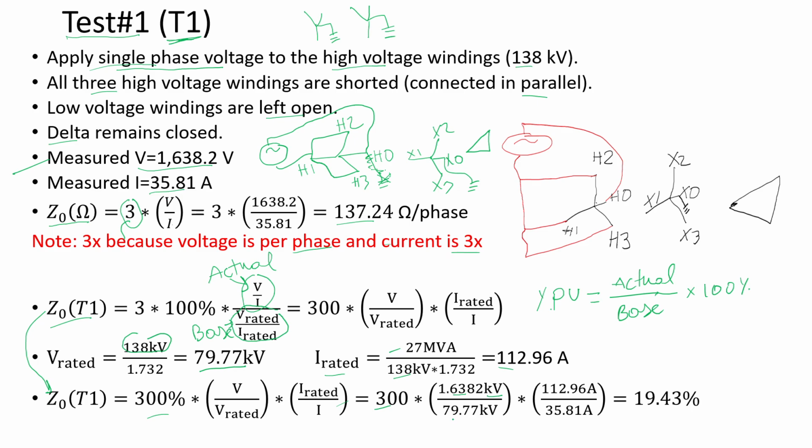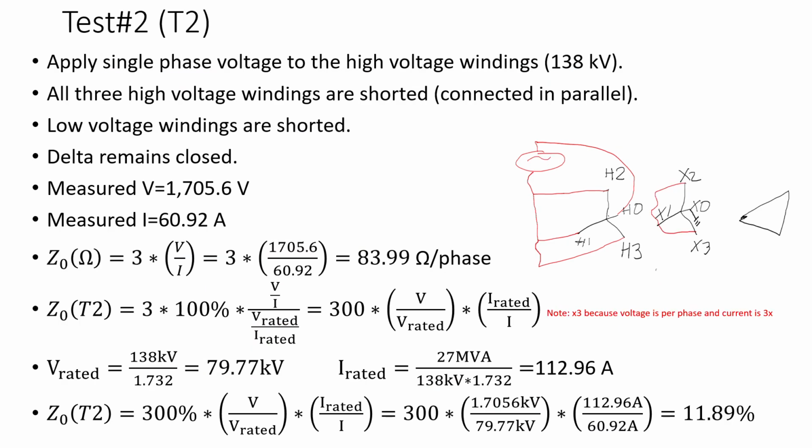Divided by the rated voltage per phase, 79.77 kV. So kV cancel out, so I don't have to do any conversion. Times the rated current, which is right here, 112.96 amps, divided by the measured current, 35.81 amps. So here is the zero sequence impedance obtained from test 1. It's 19.43%.